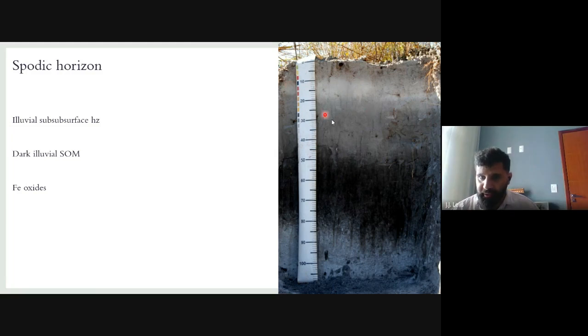And below the E horizon, we have again a dark color. And below that, we have a darker color, the darkest color that we can see in this picture. And these two dark colors, they are spodic horizons, because here the organic matter is not accumulated by the littering or the deposition of material in the surface.